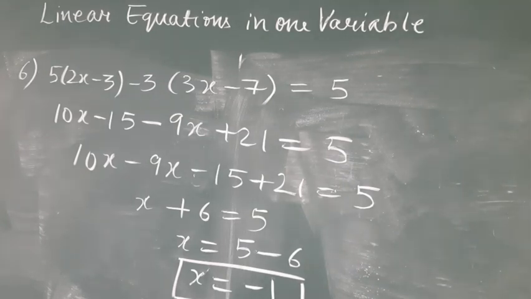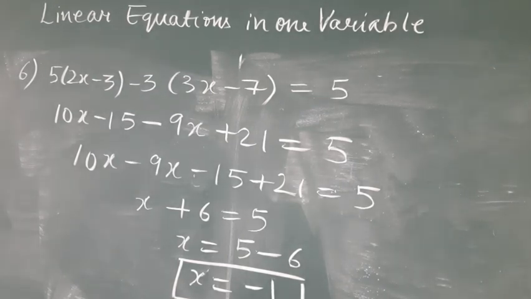So minus 3 multiplied by 3 will be minus 9x. Now again minus 3 will be multiplied by minus 7, so 3 7s are 21, and minus minus plus, that means two negatives make it positive. While multiplying, if the number of negative signs is even, then the result will be positive. So 3 7s are 21, so it will be plus 21.